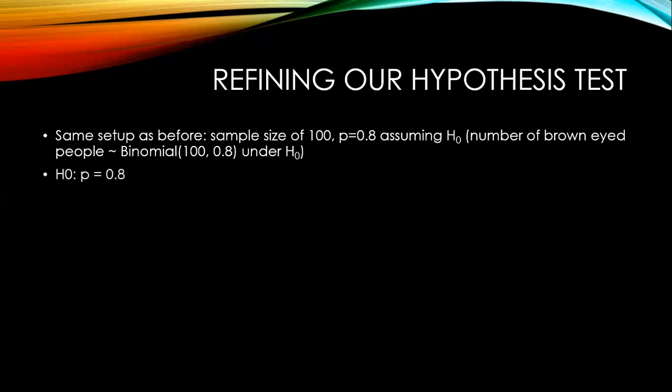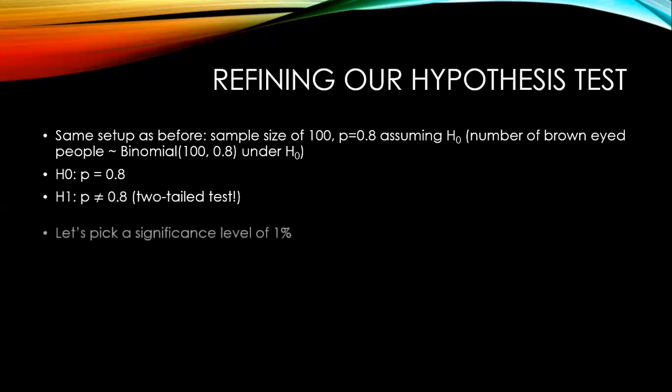So again, our null hypothesis: P is equal to 0.8. Alternative hypothesis: P is not equal to 0.8. Remember, not equal to in our alternative hypothesis means a two-tailed test. An inequality symbol, a less than sign or a greater than sign, means a one-tailed test.